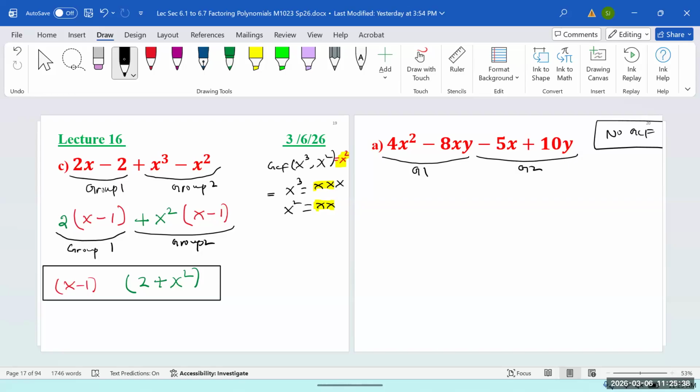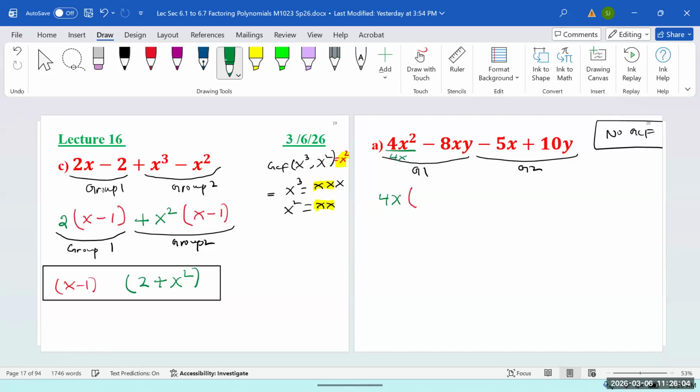Kevin, do you see anything in common in the first group? What do you see? 4. And how about the variables? X. So if you factor out 4x, what is left in the first group? Factoring out means you're dividing.